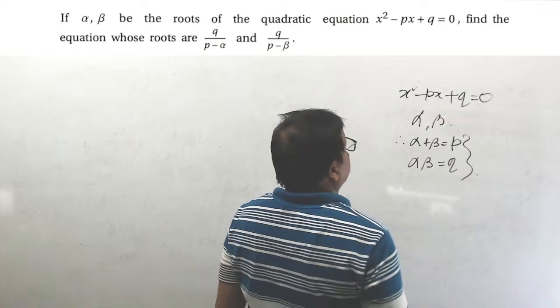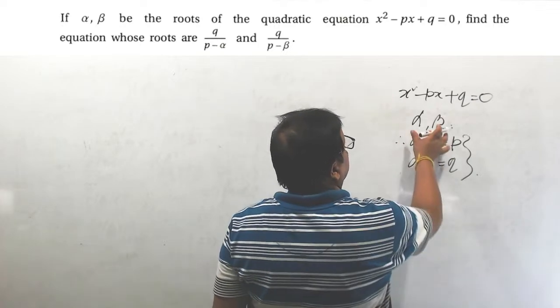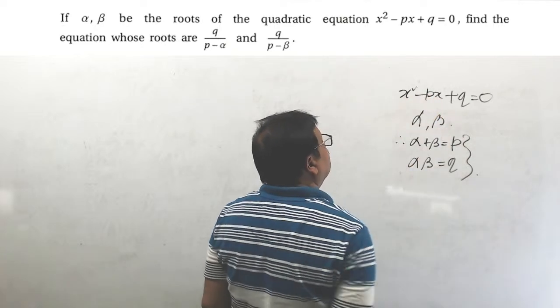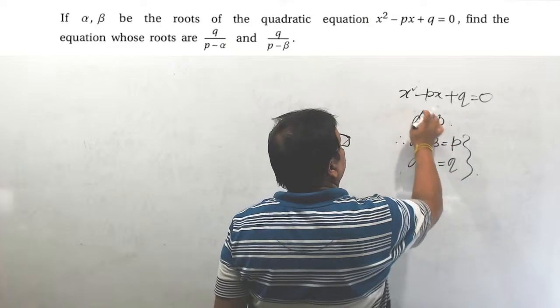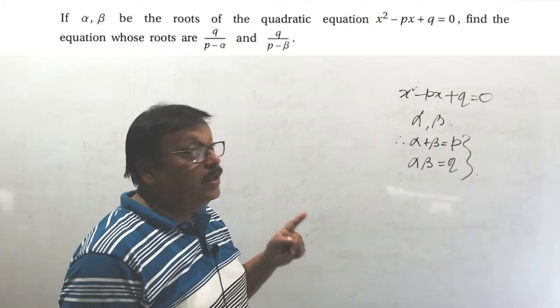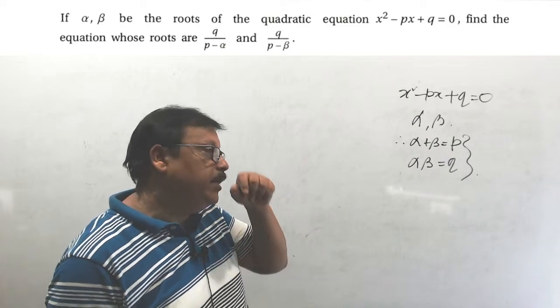Again, if alpha and beta be the roots of this one, so alpha and beta will satisfy this equation, isn't it? Because p minus alpha, p minus beta, you have to find the value of this. This is a tricky equation, very important one.